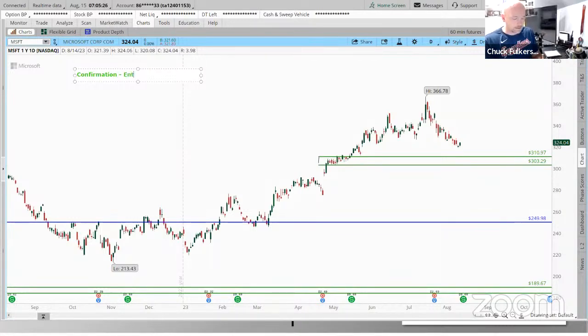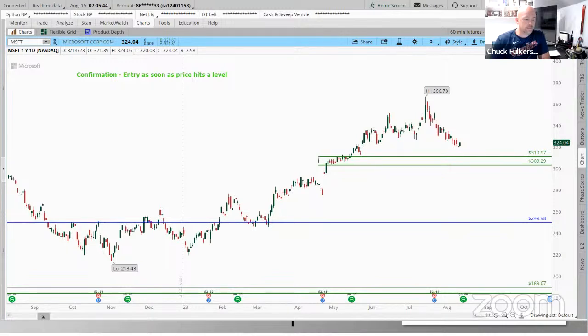And this is entry as soon as price reaches a level. Okay, so our confirmation entry is going to be entry as soon as price hits a level.